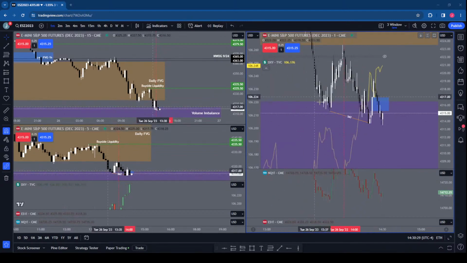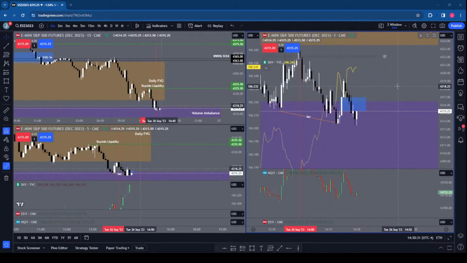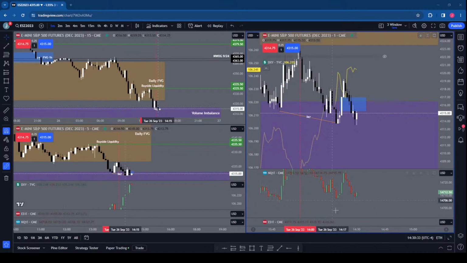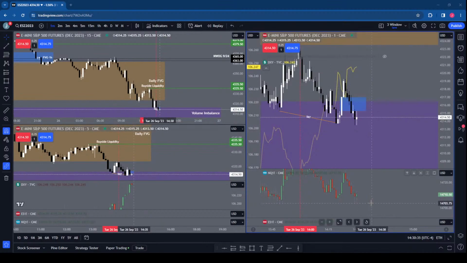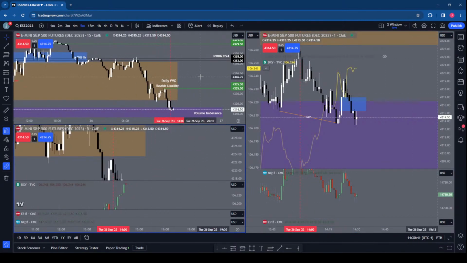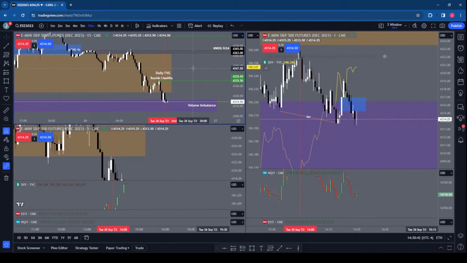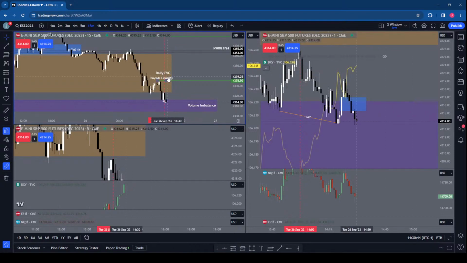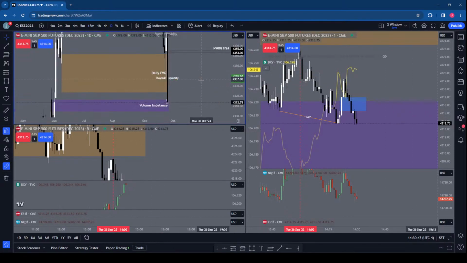It's a lower low on ES, so I'm watching this 3 drives pattern. If we start to make some higher highs, I'd be interested in revisiting buy side, kind of retracing back up into this daily fair value gap on the daily candle.